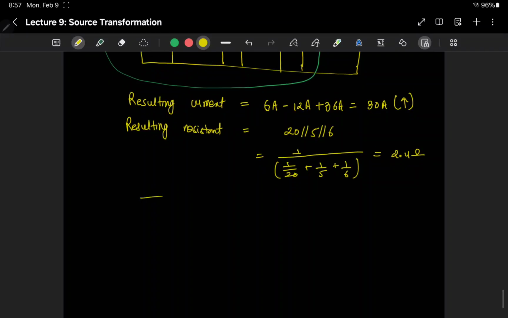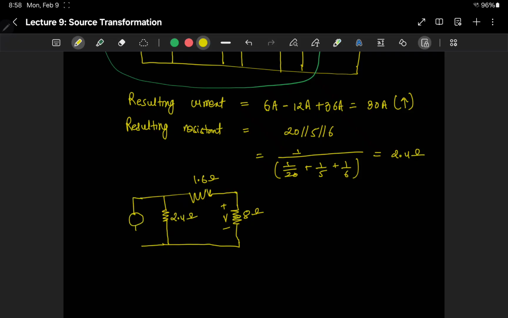So this is the second part of the circuit with the 8 ohm resistor here, the 1.6 ohm resistor here, and the voltage of interest is this volt, right? Now we have calculated the R equivalent is 2.4 ohm, and our equivalent current is 30 ampere going up.